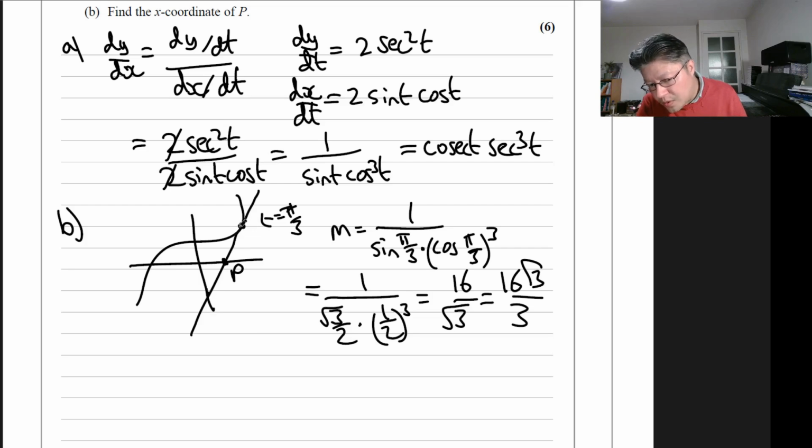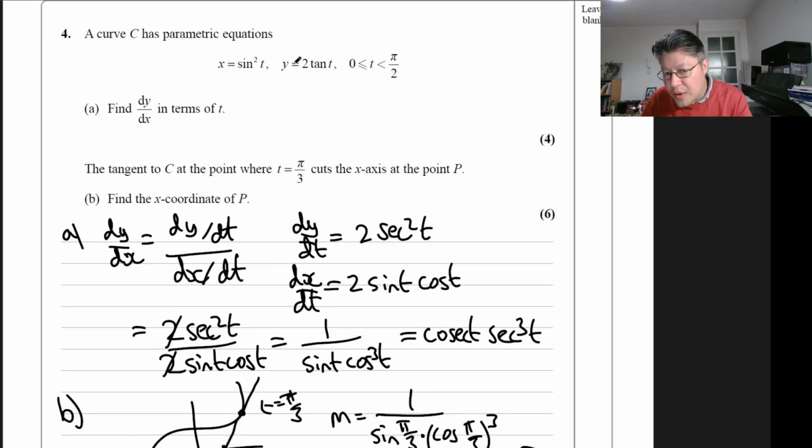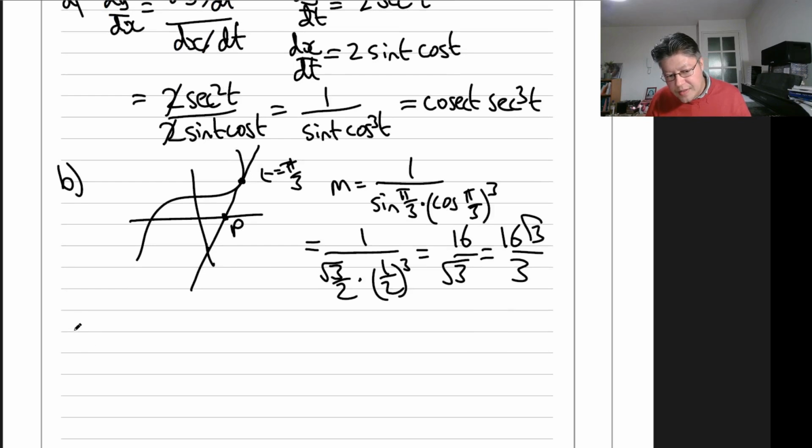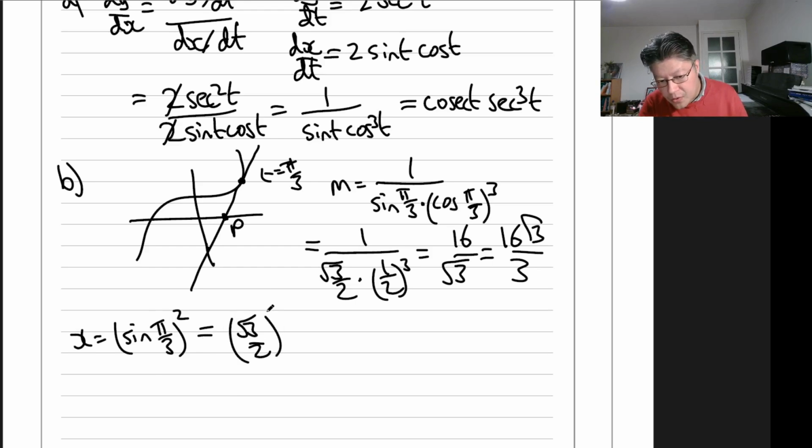And now we need to get the coordinates of the actual point over here. So we can plug pi over 3 into the x and y formulas. So let's do that. So x is sine squared t. So x will be sine of pi over 3 squared. So that's root 3 over 2 all squared, and that gives us 3 over 4.